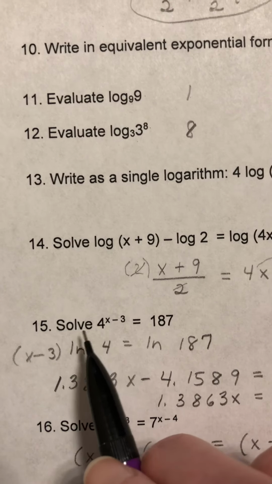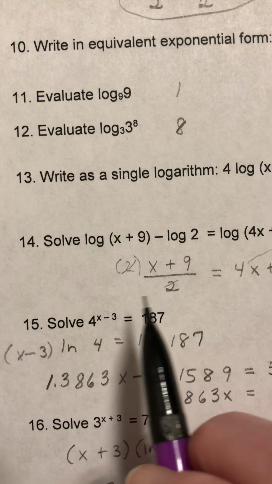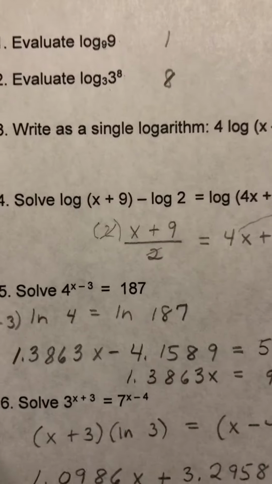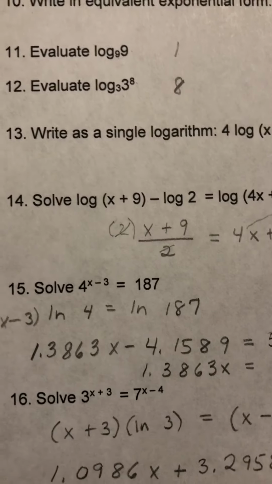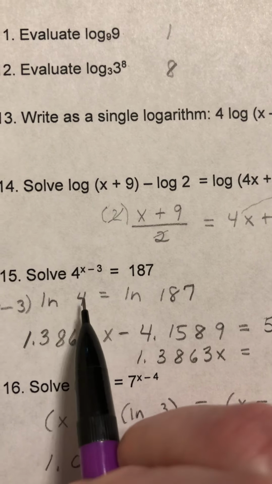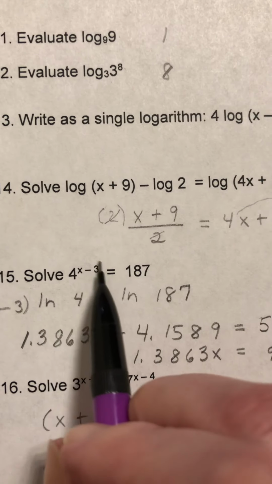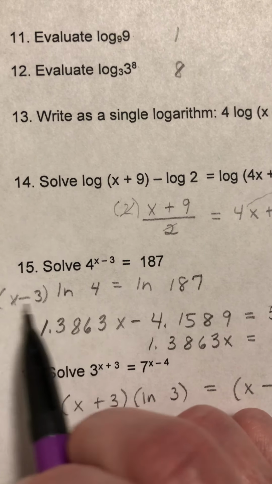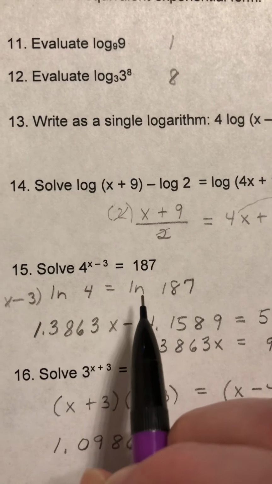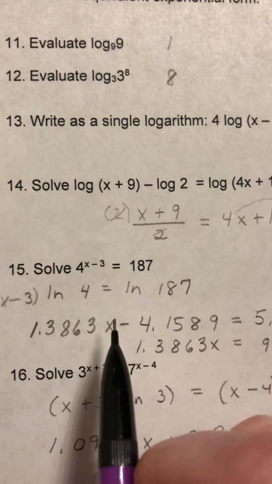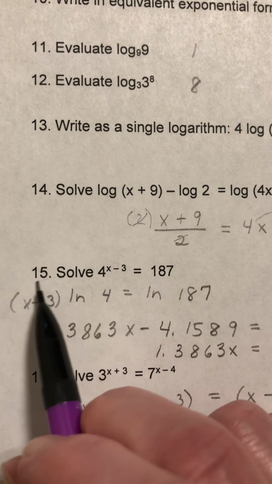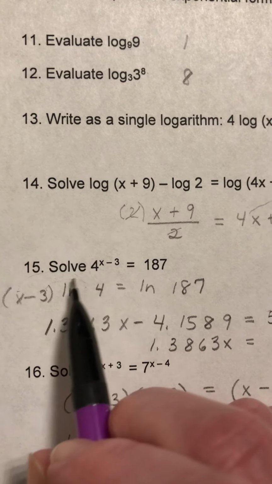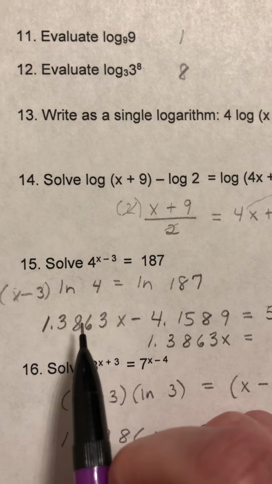To solve this equation here, what I did is I took the natural log of both sides of the equation. And then when I do that, I can bring the exponent down in front. So I get the exponent times the natural log of 4 equals the natural log of 187. I distributed the natural log of 4 to each of these terms, and I calculated out what the natural log of 4 is.